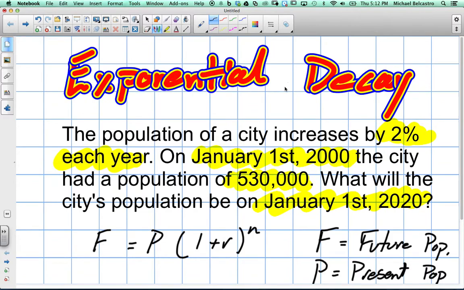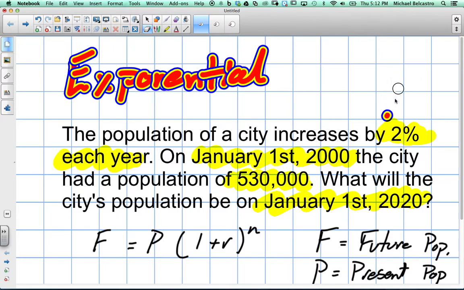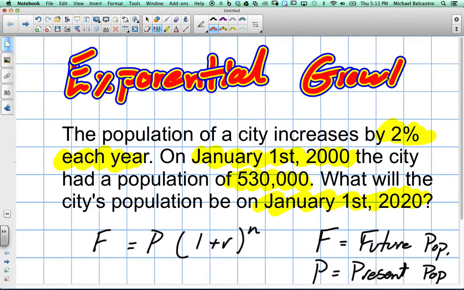Oh, and I wrote decay. That was silly of me. This should be called growth. I think I reread the question wrong. This is increasing, that's really important. So let's call this growth. Because it's increasing, that's how I know I'm working with exponential growth, and the addition here lets me know that it's growth.